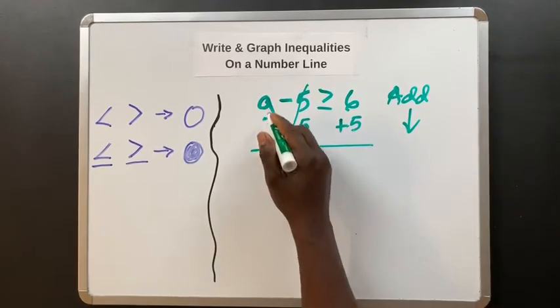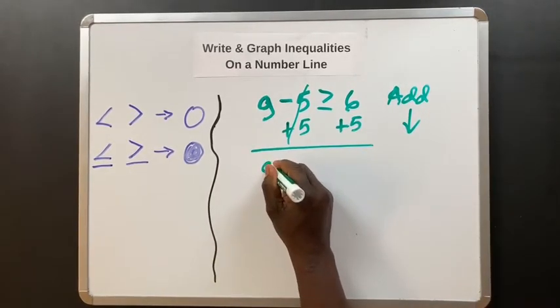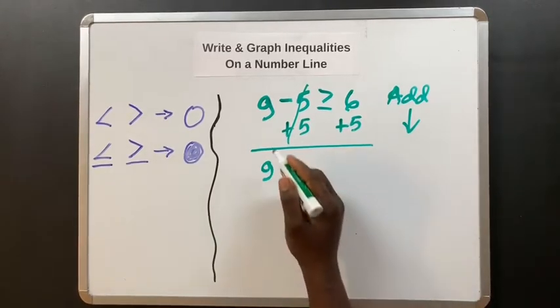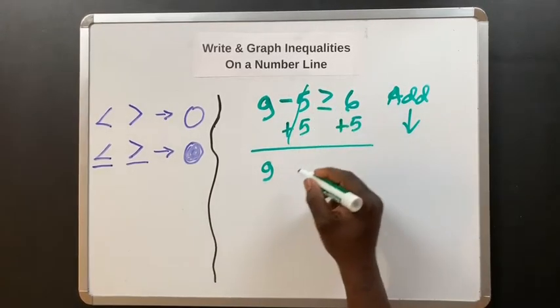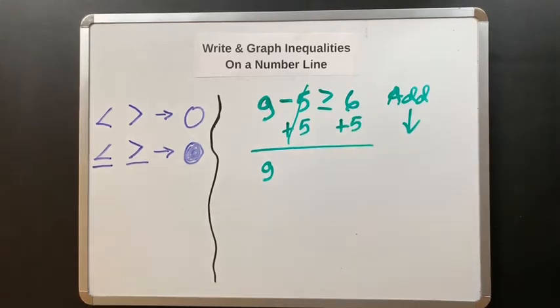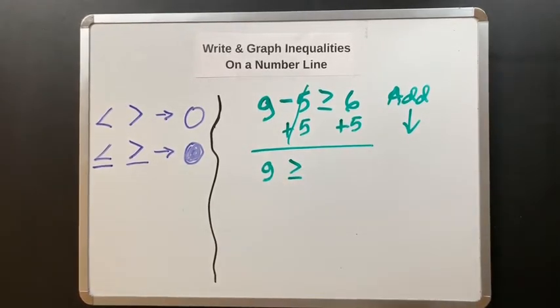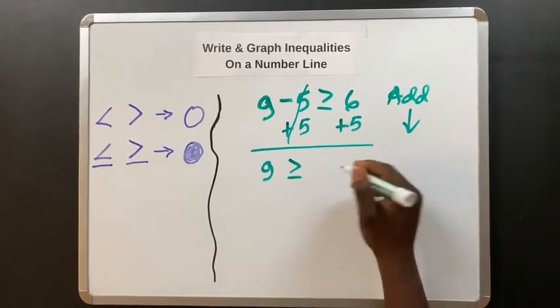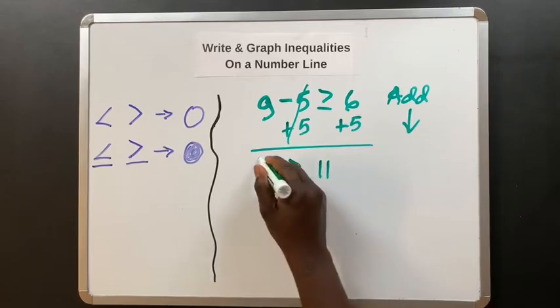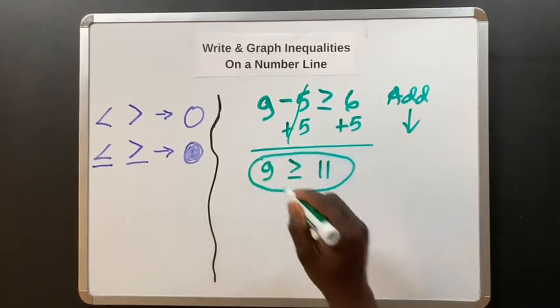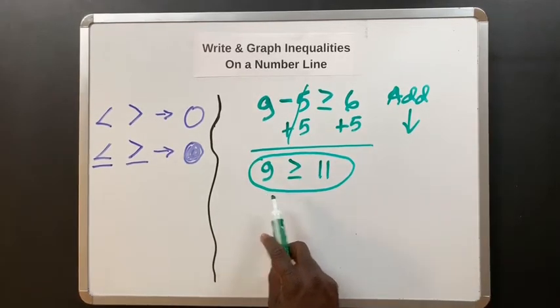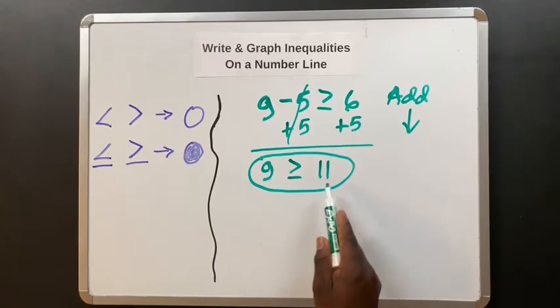So g plus 0 is g. Bring the inequality symbol down, greater than or equal to. And then 6 plus a positive 5 is 11. We have solved the inequality. It says all g is greater than or equal to 11.